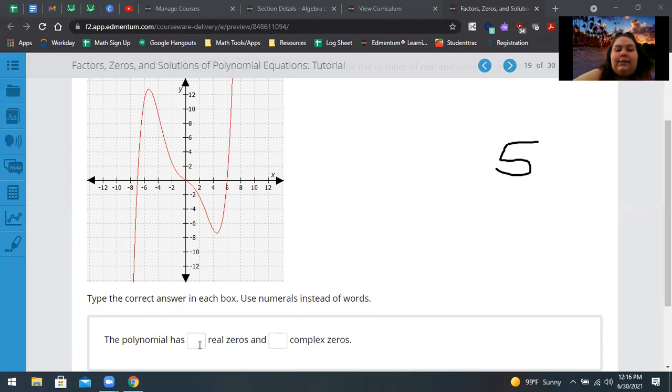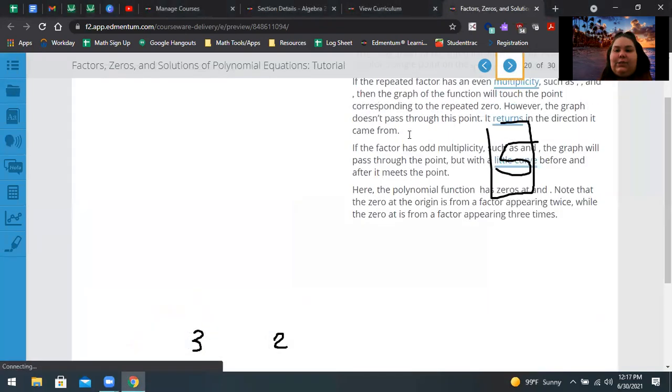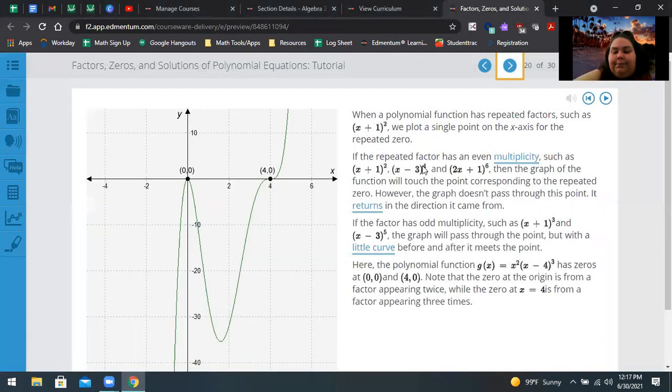Whatever number you get, the complex is going to match up to the 5. So we count off 1, 2, 3. We have 3 real zeros, but remember, we need to have 5 solutions. So then we must have 2 complex. So now we're in the case where we can have real solutions and complex solutions at the same time.